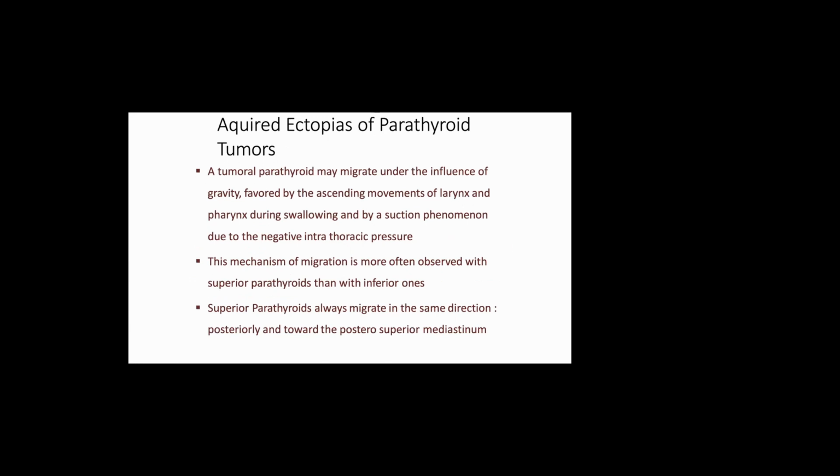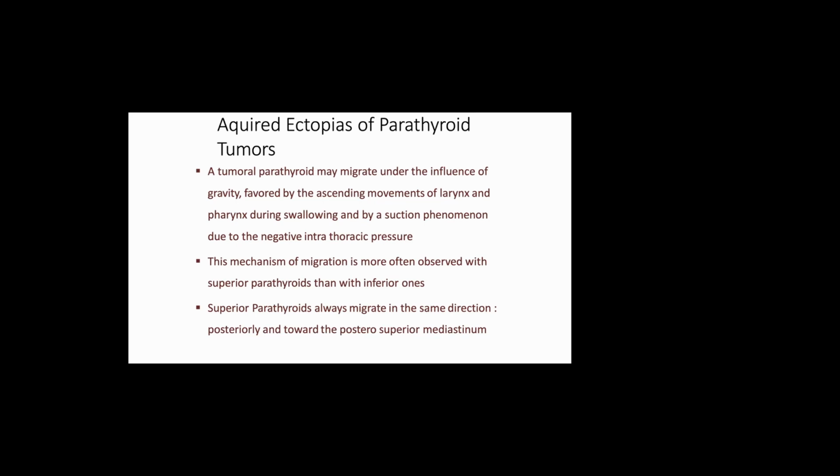So coming to the acquired ectopias of parathyroid tumors. These are all congenital. Now coming to acquired ectopias. An abnormal gland, because of its weight and under the influence of gravity, under the influence of the movements of the larynx and pharynx during swallowing, or because of the suction phenomenon of the negative intrathoracic pressure, can migrate, right?